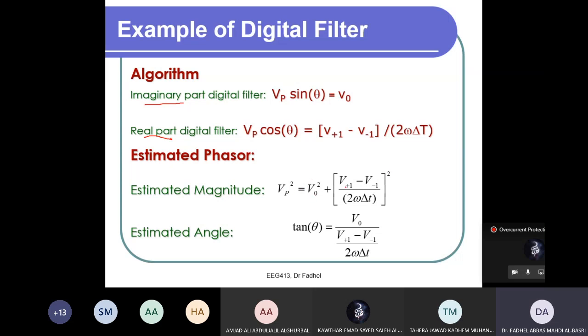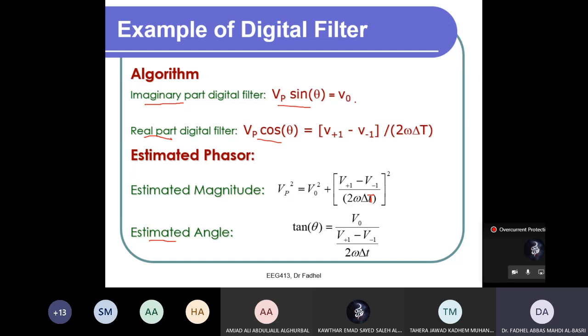So from these three samples, where this is delta T capital, I will be able to estimate the peak at any three samples. And similarly, I can estimate the angle. If you divide this by this, VB cancels, and sine theta over cosine theta is tan theta.